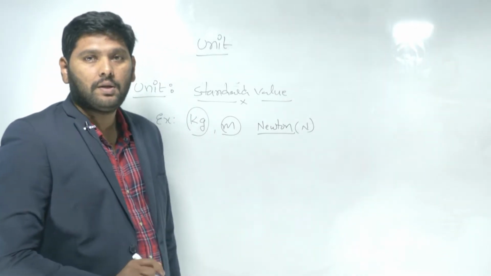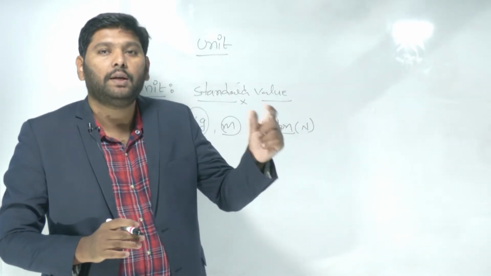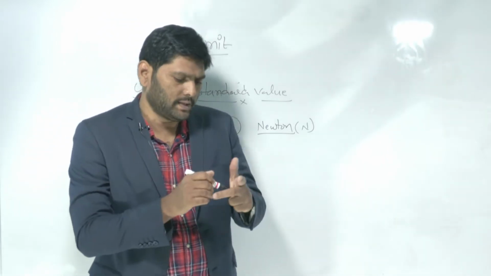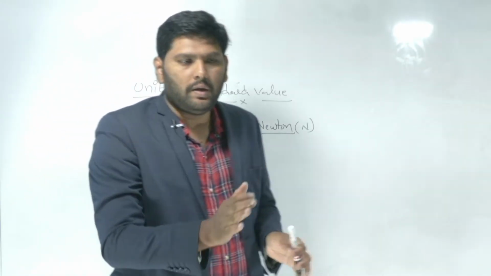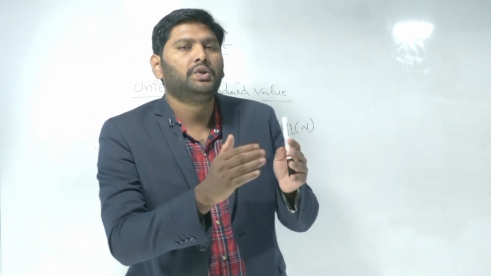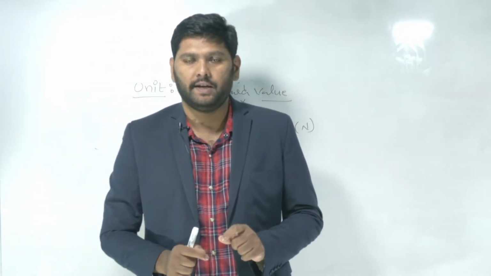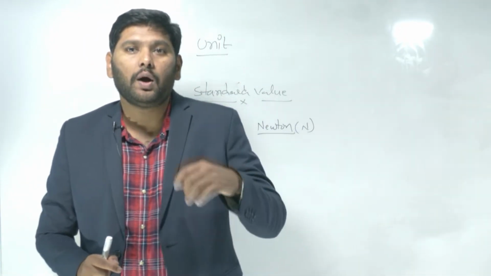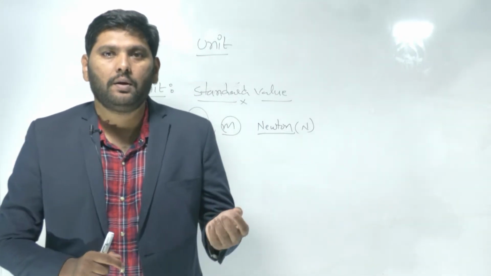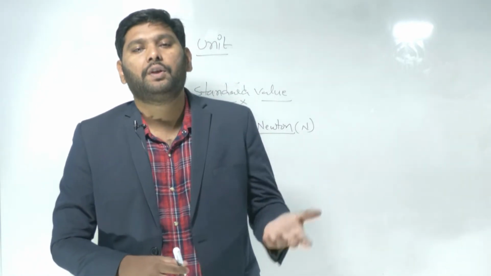So Newton is a unit for force. But how do you express a physical quantity with units? For example, you want to purchase something like sugar. Sugar is a physical quantity, right? How do you ask the shopkeeper? You will ask the shopkeeper, give me 2 kg or 3 kg or 4 kg, 10 kg.